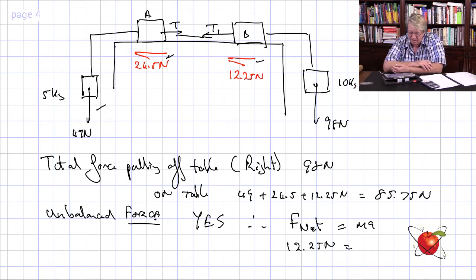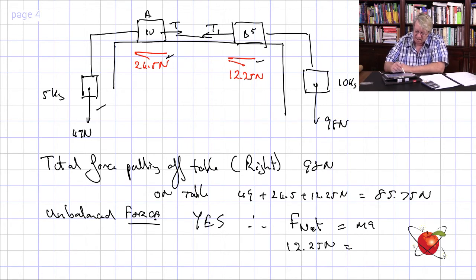Now, here's the critical element of this. We know that the F net, in other words, the force pulling me off the table, which is the unbalanced force, is equal to MA. What is M? Well, this force is acting on the whole lot of the weight, isn't it? It's pulling everything off the table, not just the bit it's attached to.